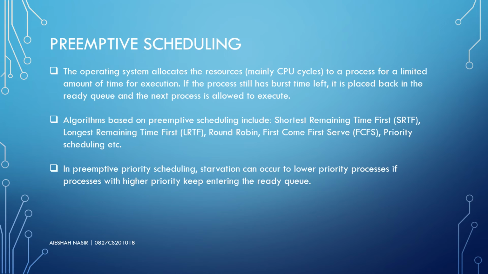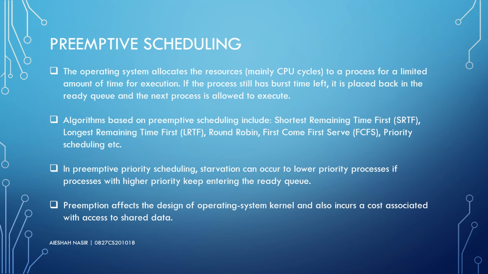For example, in priority scheduling, if higher priority processes keep entering the ready queue frequently, starvation will occur to lower priority processes as the CPU keeps switching between these processes. Also, these interrupts are unintended, and as a result, the design of the operating system kernel gets affected in preemption. And also, there is a cost associated with shared data access.